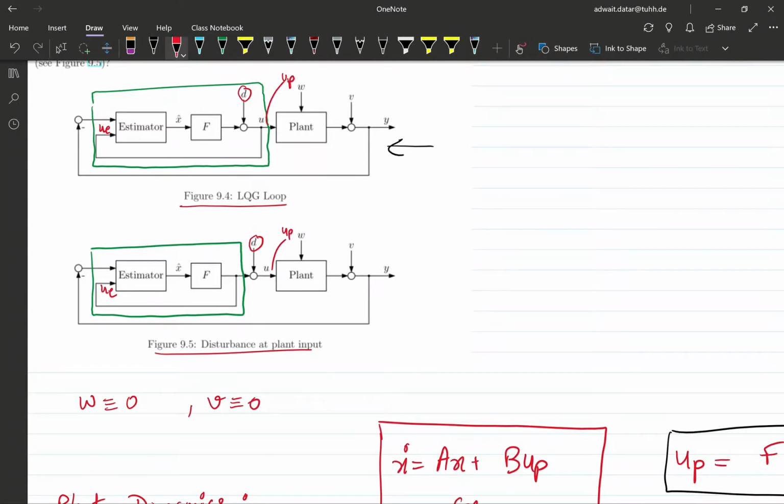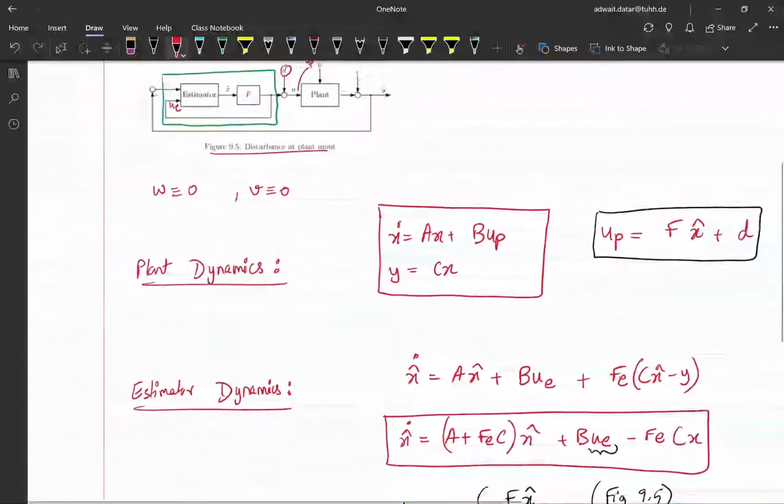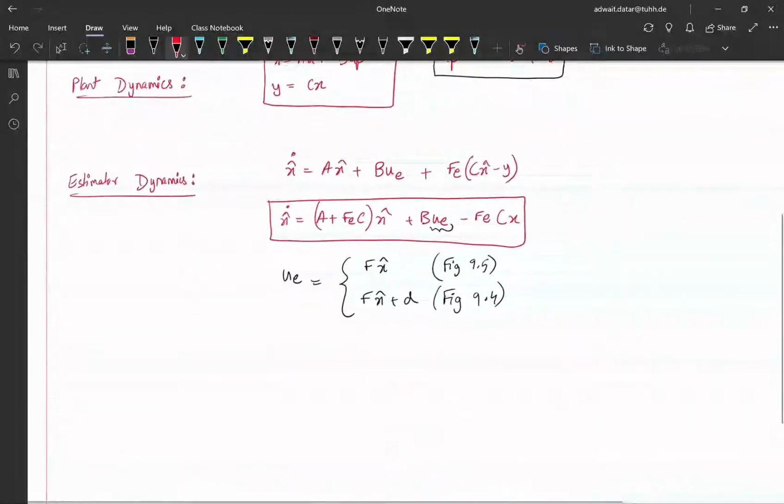So note that in both cases the input to the plant is F times X hat plus D, whereas the estimator sees two different inputs in these two different figures, and this is what we have to investigate now.